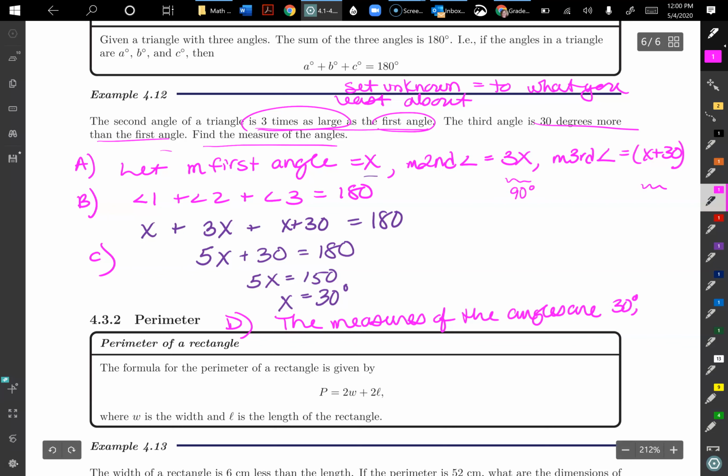And then the last one would be 30 plus 30, which would be 60 degrees. So I'm going to say 30, 60, 90. That's a kind of common triangle that we use a lot.